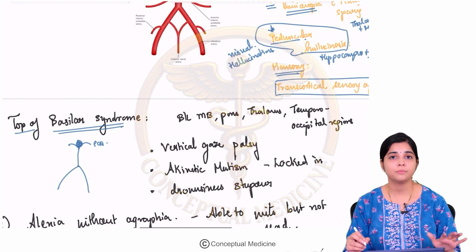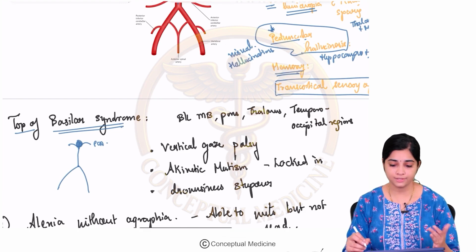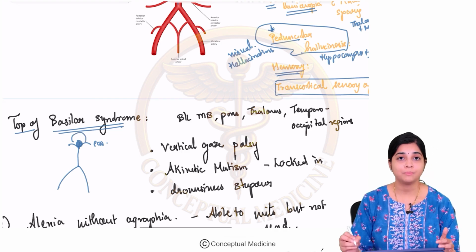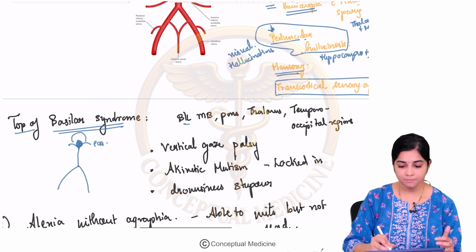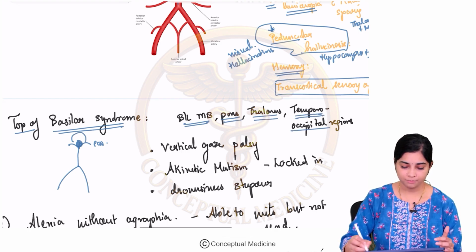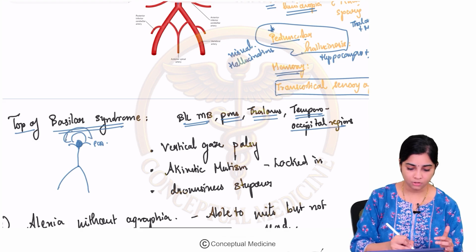So in the top of the basilar artery syndrome, what are the characteristic features that you're going to find? What are the important structures here? It is your midbrain and thalamus. There can be bilateral midbrain, pons, thalamus involvement, and sometimes even your temporo-occipital region, depending on how much area of infarct is there.